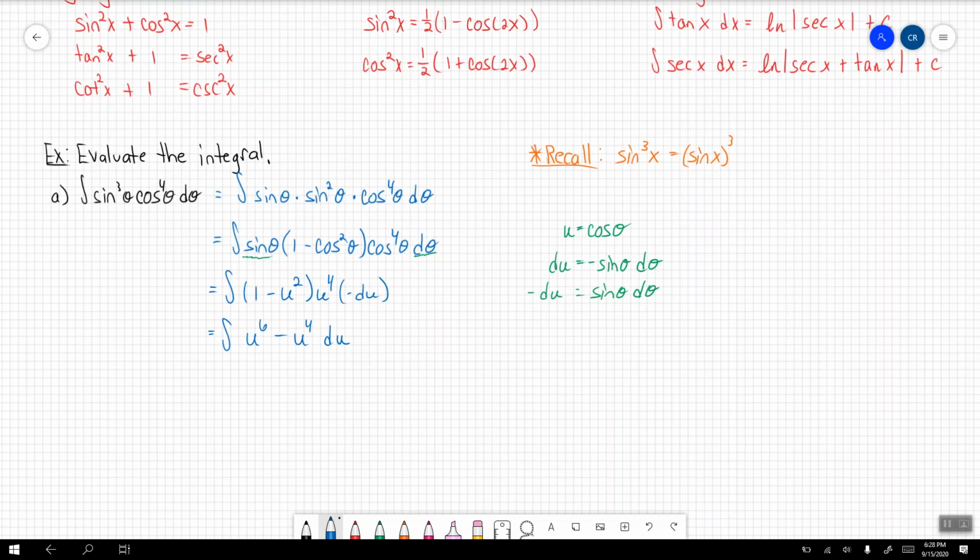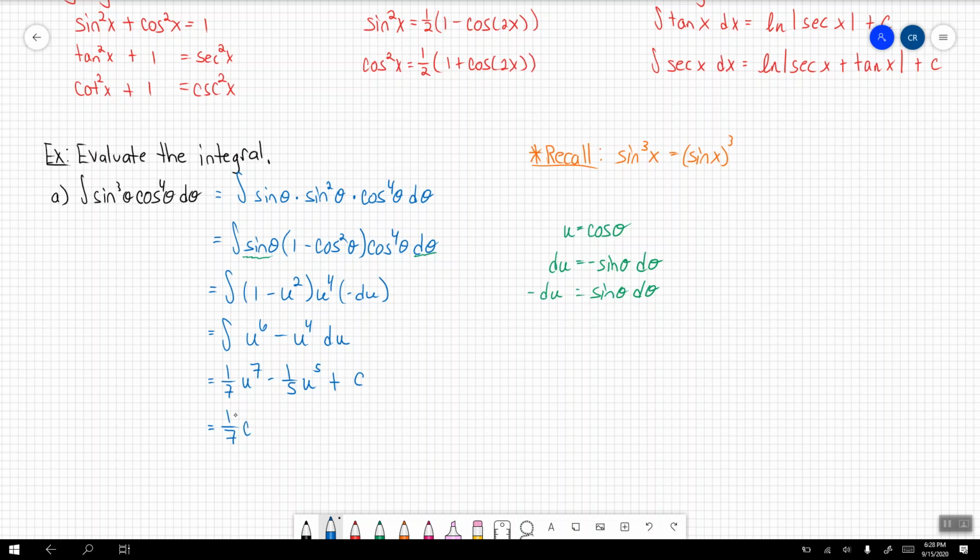Now, that's a polynomial that we can integrate, so we just integrate. That's 1/7 u to the 7th minus 1/5 u to the 5th plus a constant. But at the beginning, we weren't dealing with u's, so we're going to resubstitute.